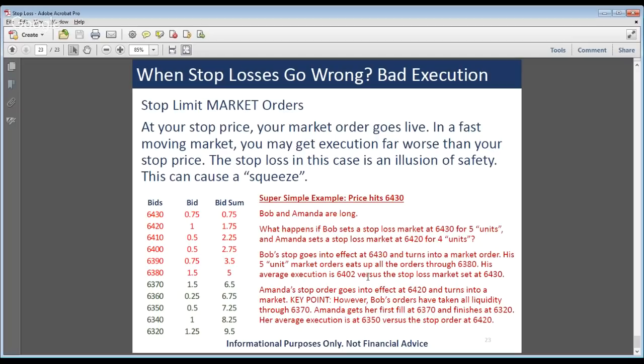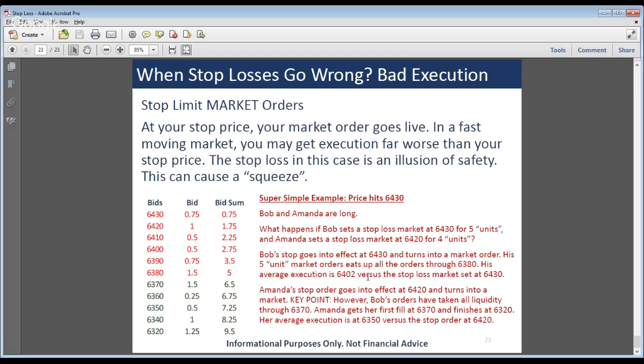Keep that in mind. This is actually one mechanism that can cause a short squeeze as well, or any directionality of a squeeze. So here we just have two people, Bob and Amanda again, with price at 64.30. What if Bob sets his stop at 64.30, market order, 5 Bitcoin, and Amanda 64.20, 4 Bitcoin?